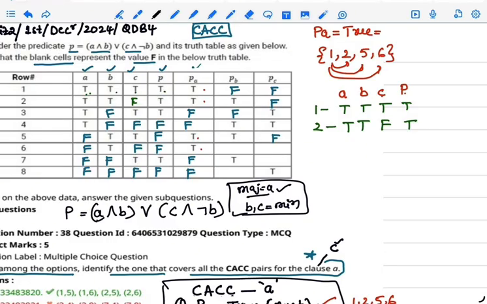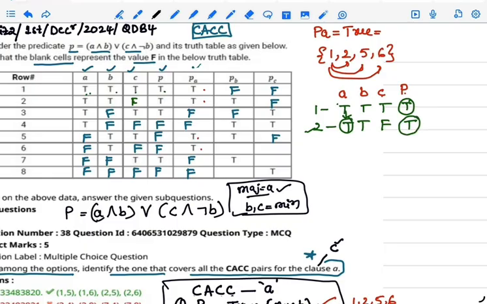A is true in both, so A is not flipped, and P is true in both.